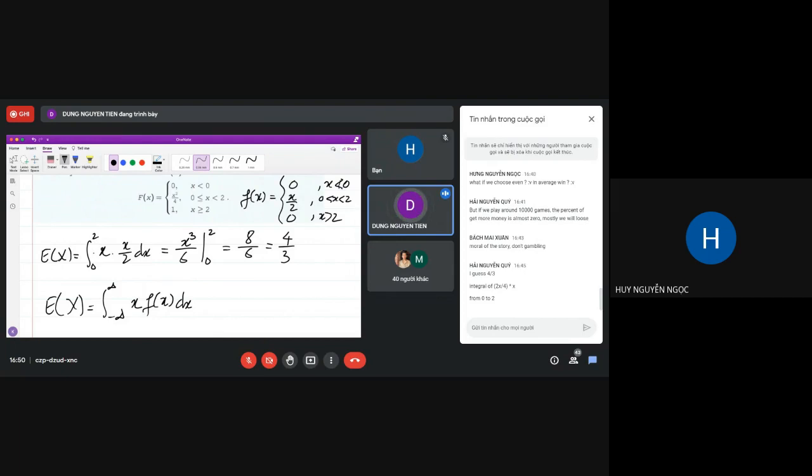Within the interval 0, 2, the value of f of x is x over 2. Then you get the integral of x squared over 2, and then x to the third over 6 from 0 to 2, and the answer is 4 over 3. Do you understand? Thank you, sir.